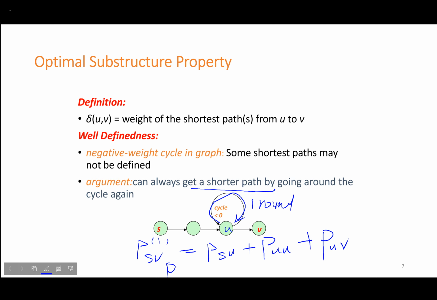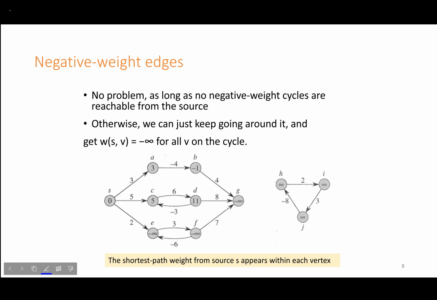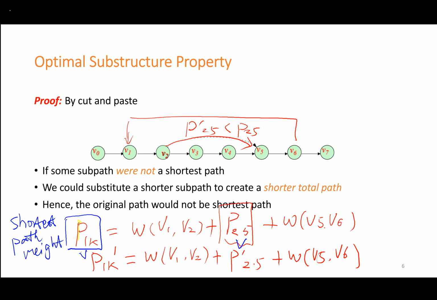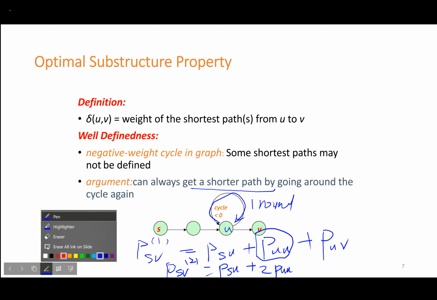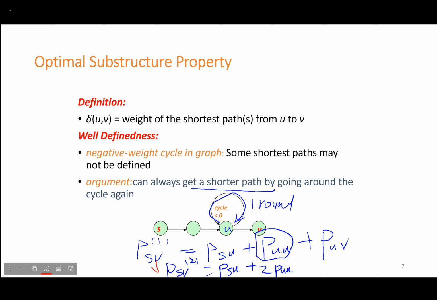If we have a second round, then it is P(S,V) plus the cycle again, and since the cycle is negative, the whole thing is smaller than the first round.